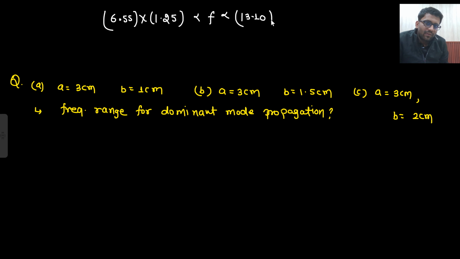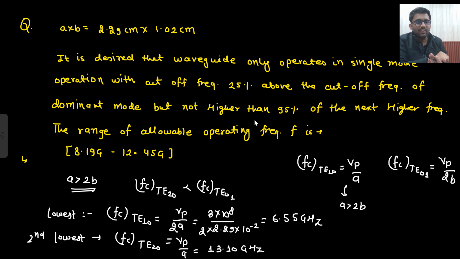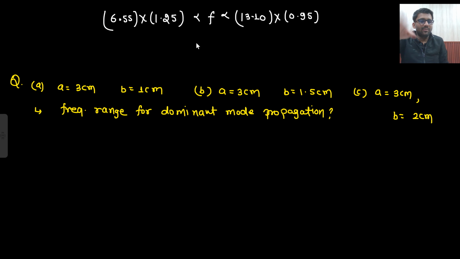Is the language of the question clear? 25% above the lowest one and 95% of the second lowest. So 25% more means 1.25 multiplication, and 95% means multiplying with 0.95.